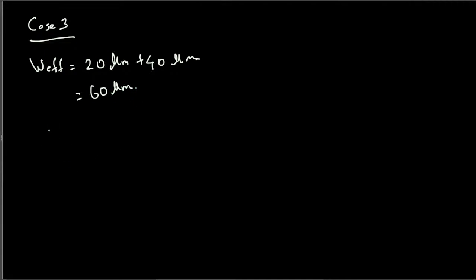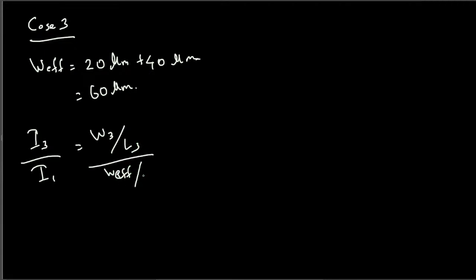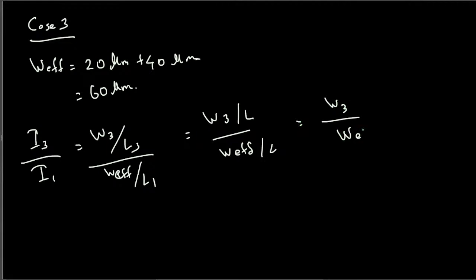Again, the same equation: I3 divided by I1 is equal to W3 over L3 divided by W efficient over L1, and the lengths are equal, so this is W3 over W efficient.